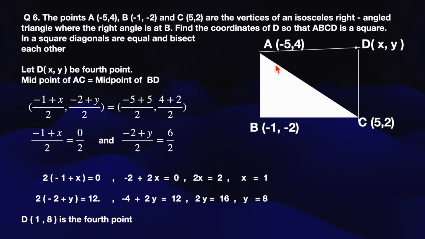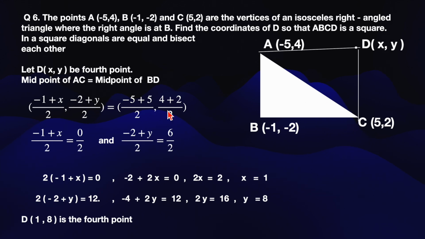So first let us write down the midpoint of BD. Here it is (-1 + x)/2, comma, (-2 + y)/2 is the midpoint of BD. And it is equal to (-5 + 5)/2, comma, (4 + 2)/2.